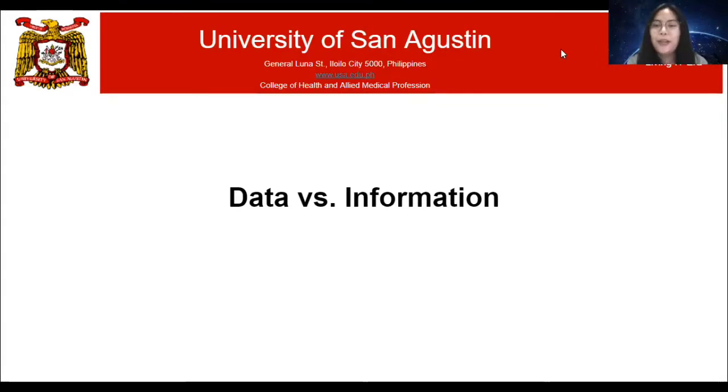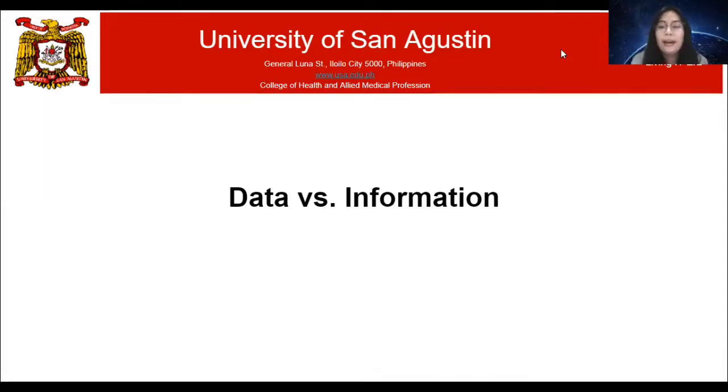Data versus information. What comes to your mind when you hear the words data and information? Here in our discussion, we will define what is data and what is information. So let's start.